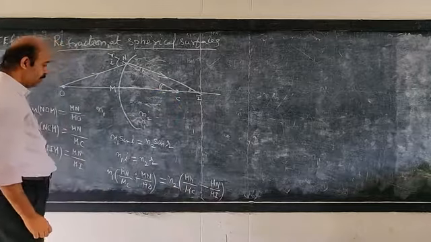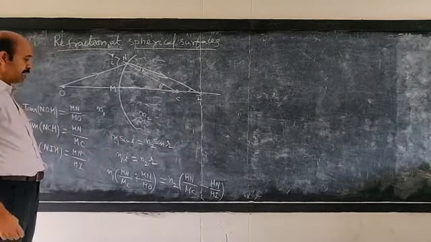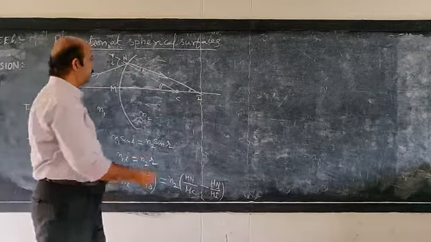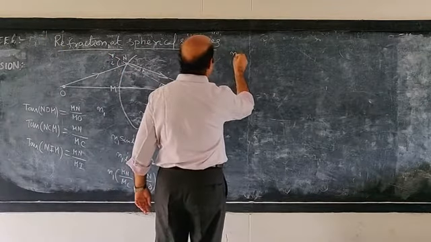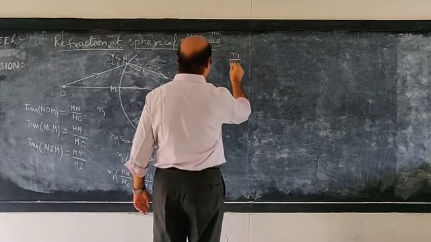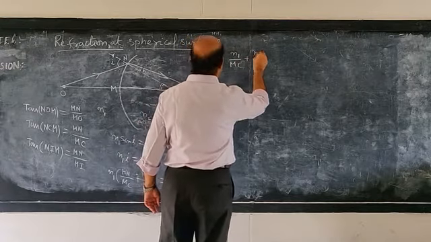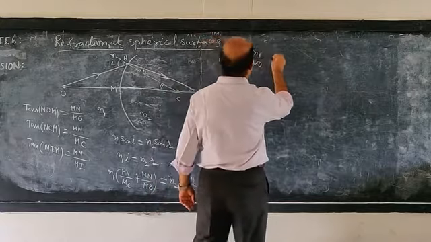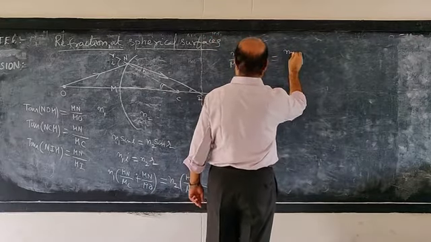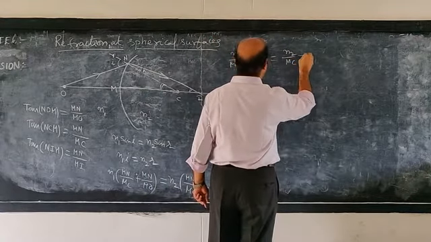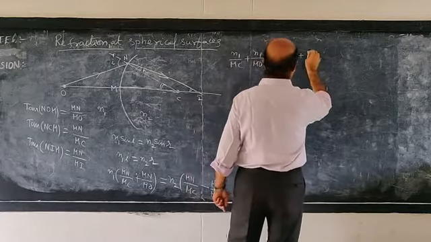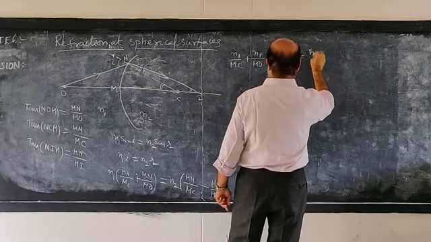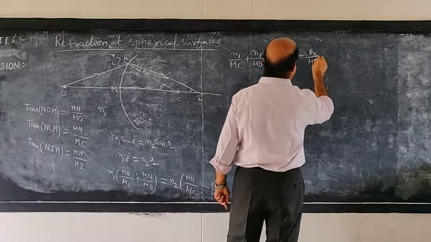MN gets cancelled on both sides. Then what remains? N1 by MC plus N1 by MO is equal to N2 by MC minus N2 by MI.